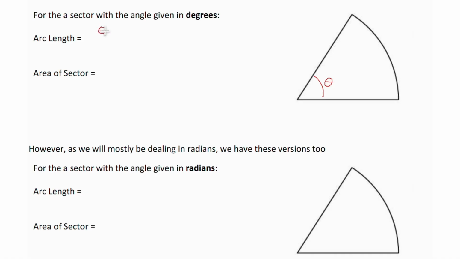It is theta divided by 360 times by the circumference, which is 2 pi r or pi d. This is when we're in degrees, so I'll add degrees there and there. The area of the sector is theta degrees over 360 degrees times by the area, which is pi r squared.